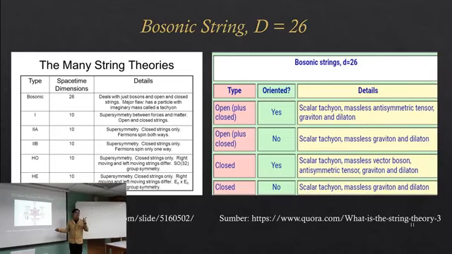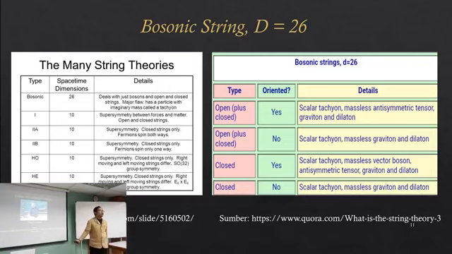This one we call supergravity. So we need 11 dimensions: 10 space dimensions, 1 time dimension.